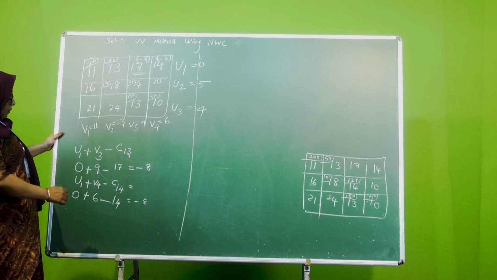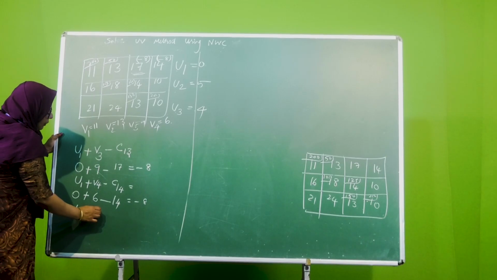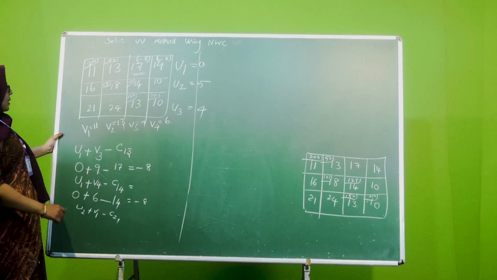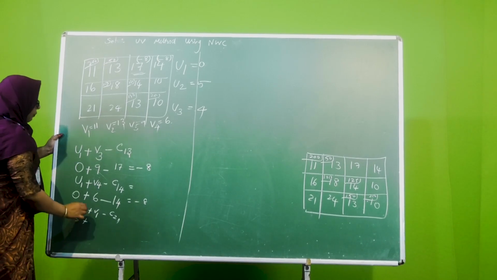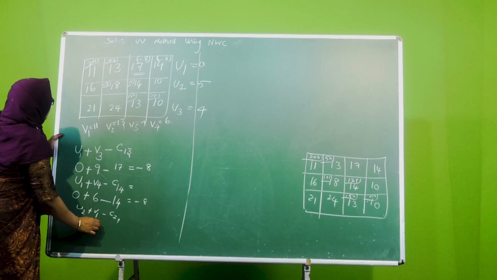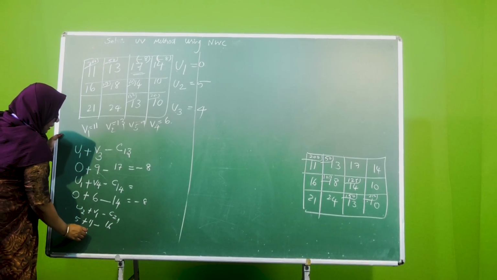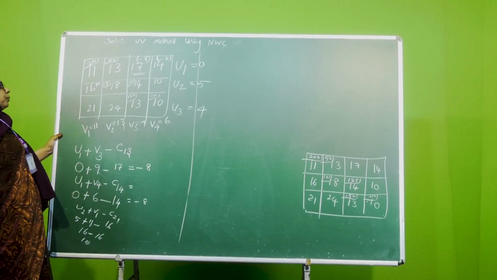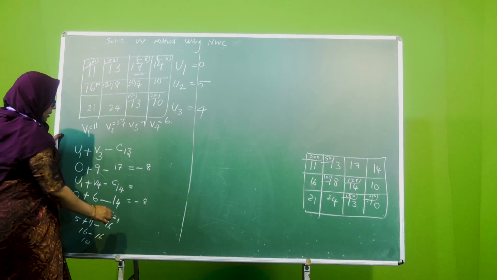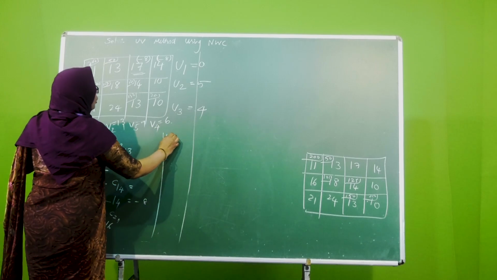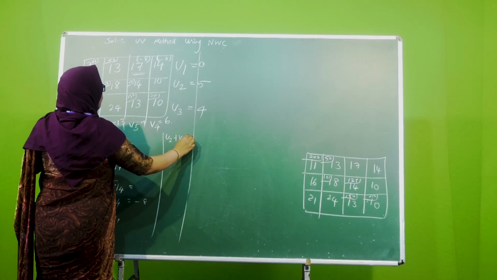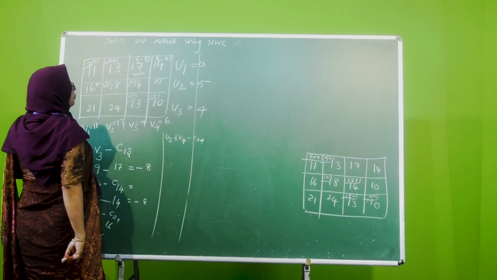So U2 plus V1 minus C21. So U2 is 5, V1 is 11 minus 16. That is 16 minus 16, we are getting 0. So next, U2 plus V4 minus C24.